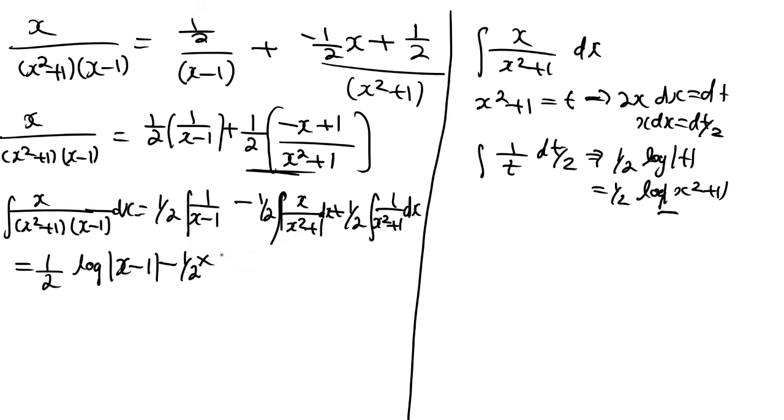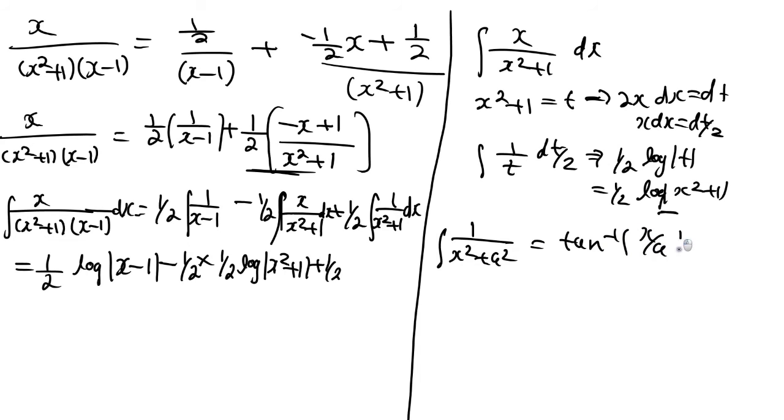So minus 1 by 2 into the integration of x divided by x square plus 1 dx, which is 1 by 2 into log of mod x square plus 1, plus 1 by 2 into integration of 1 by a square plus x square, which is tan inverse of x by a, plus c. So its value is 1 by 2 into tan inverse of x by a, where a is equal to 1, so tan inverse of x.